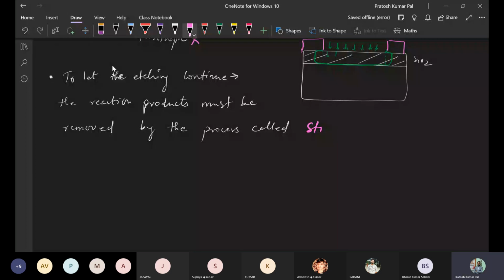Also, it will remove the reaction product. In other terms, it provides space for further etching.